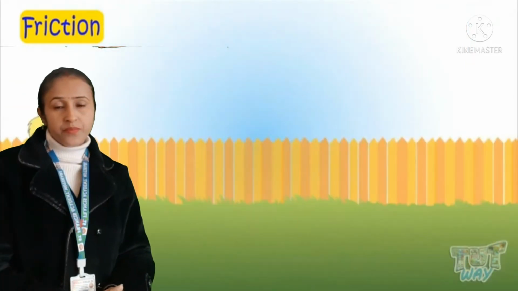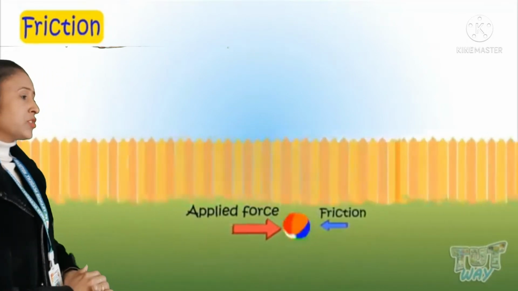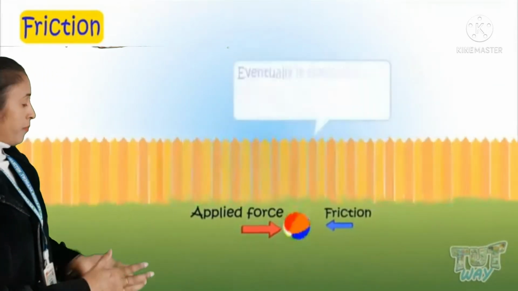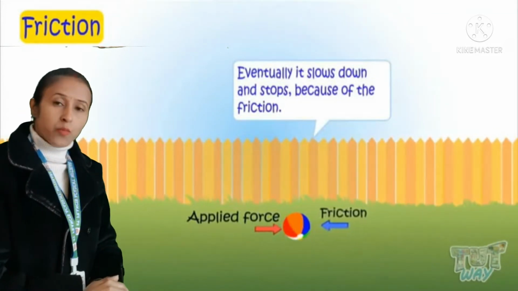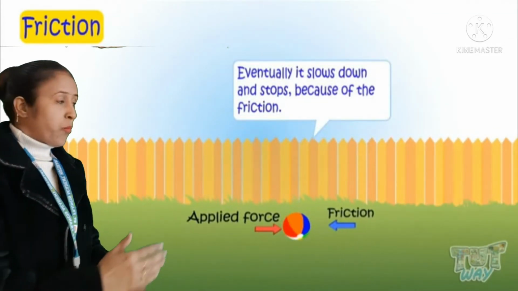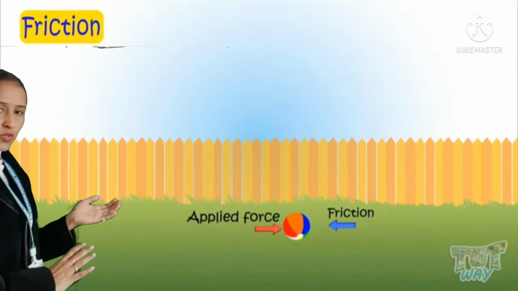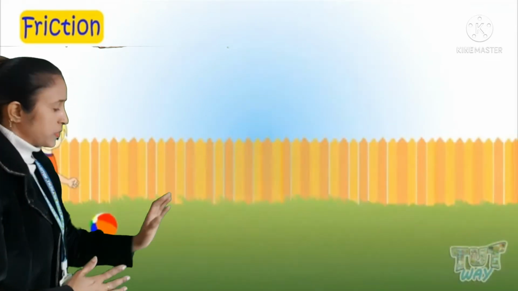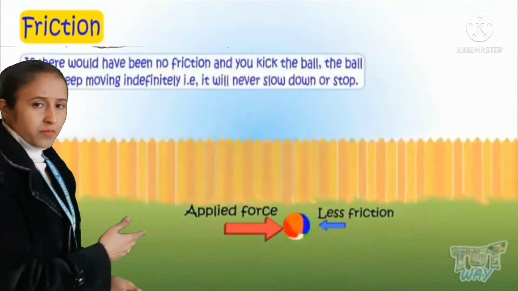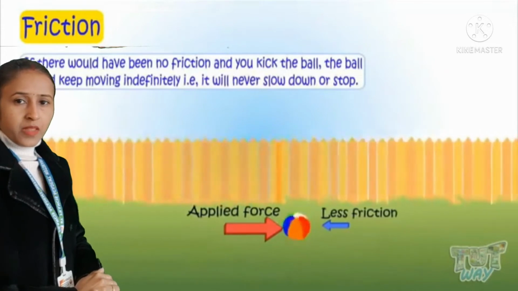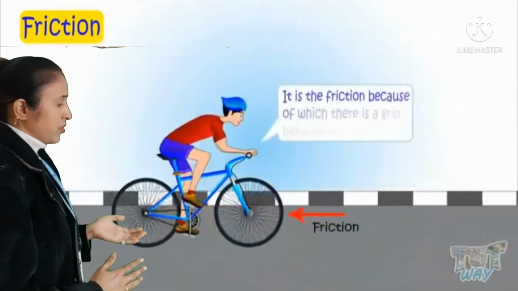And that friction is applied only in the opposite direction of the movement. Opposite direction of the movement. Like this box, just look here, the box moves and the friction is in the opposite direction from the box.